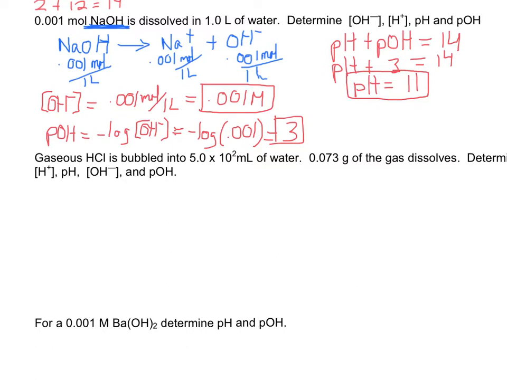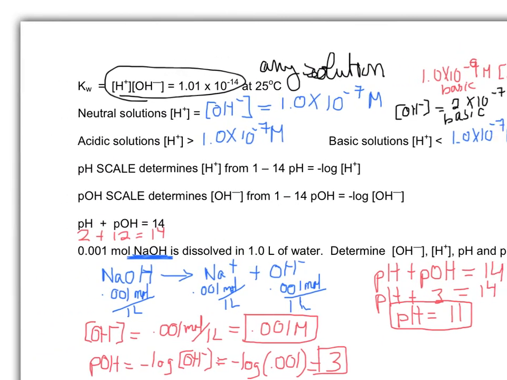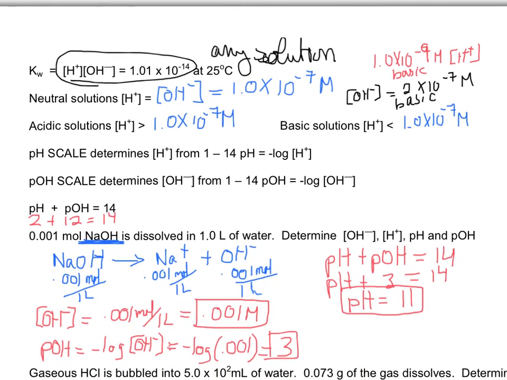To find the H plus concentration, you have different ways of doing it. You can use this equation right here: the H plus times the OH minus concentration is equal to 1.0 times 10 to the negative 14. And we have the OH minus concentration, so we can solve for the H plus concentration.